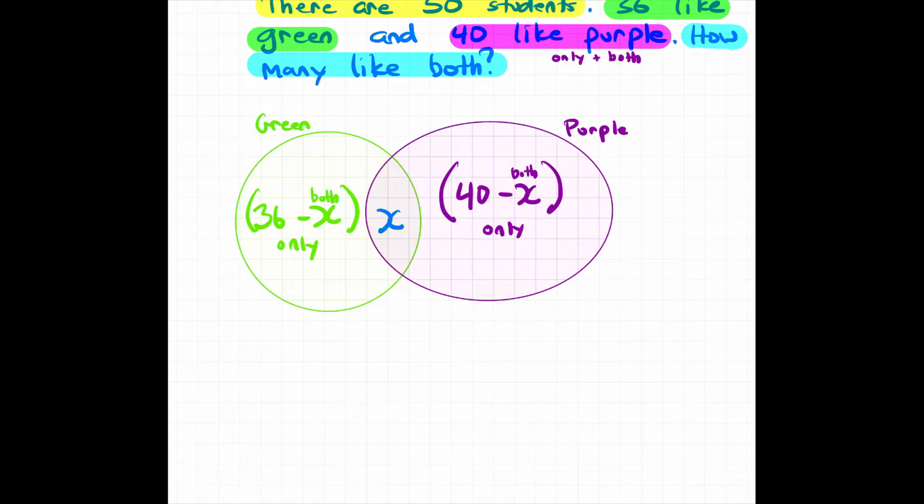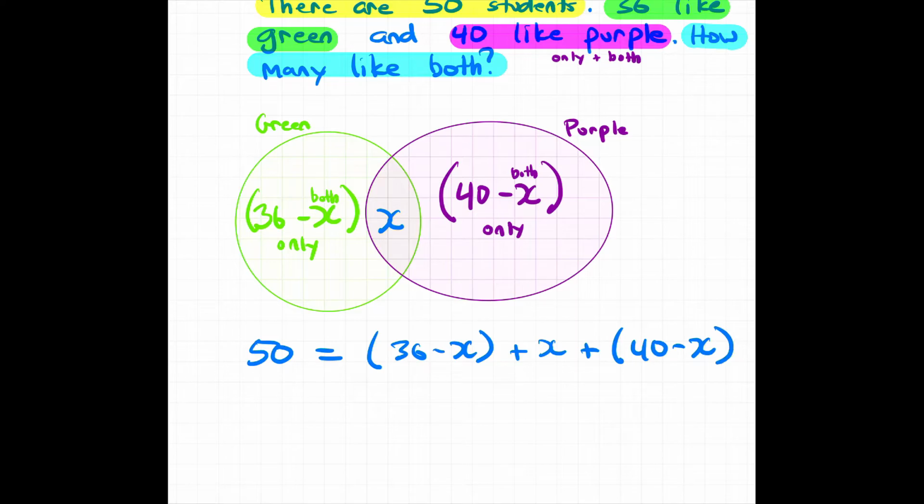And so we just need to lay it out exactly like that. So what is the total number of people? 50. What does it equal? Well, it equals the only, which is 36 minus x, plus the both, which is just x, plus the only purple, which is 40 minus x.